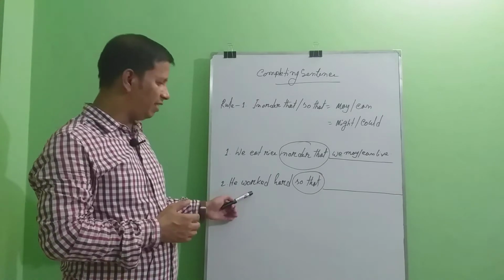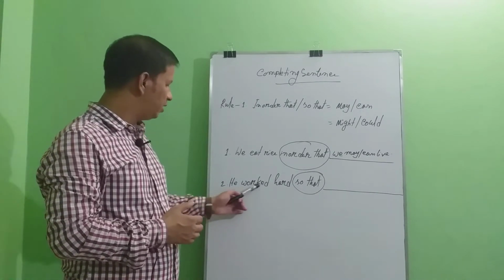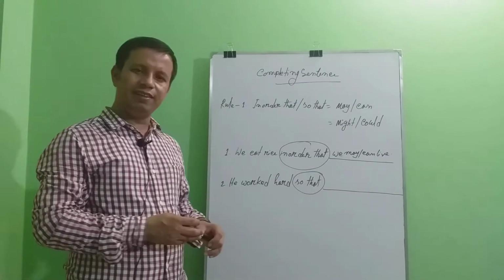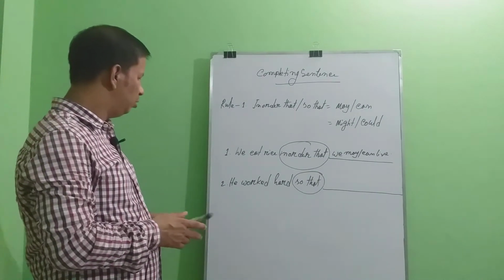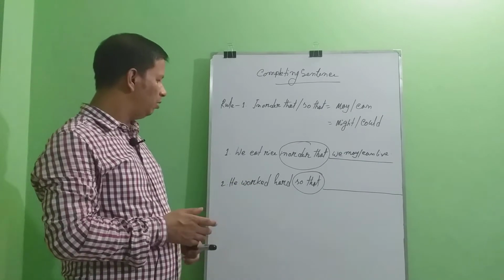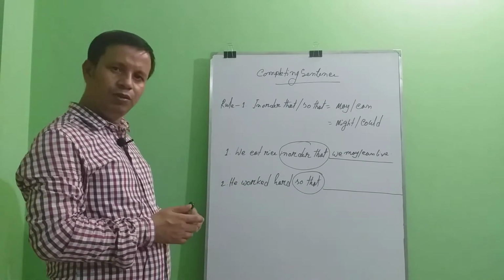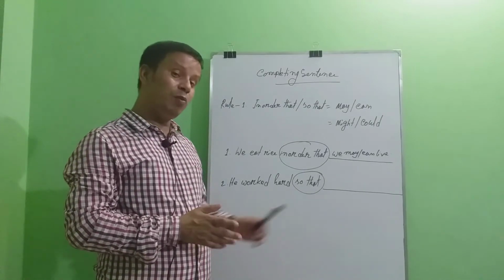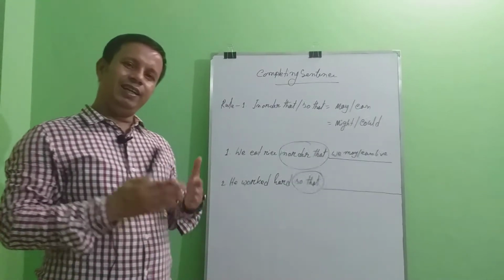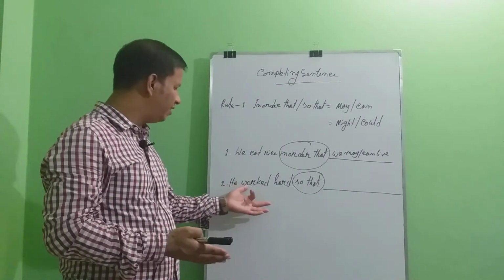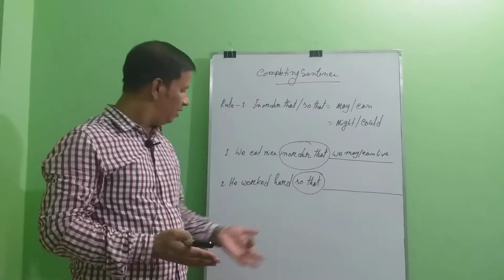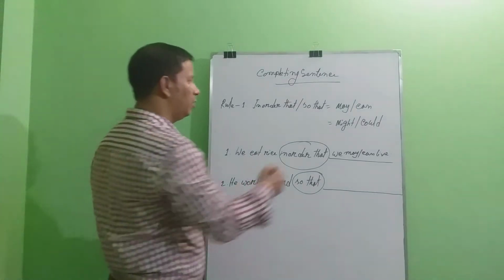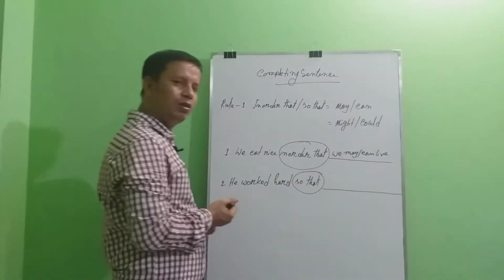Look at the second sentence, he worked hard so that. This is the use of simple past tense. So to complete this, you have to follow this rule. This rule is, if there is so that in an incomplete sentence, and if the given part of the sentence is simple past tense, in this case you have to write might or could.